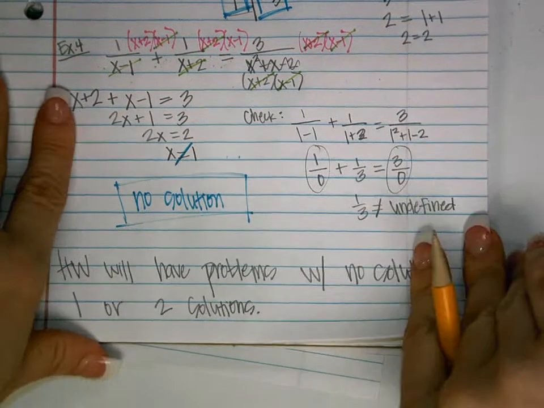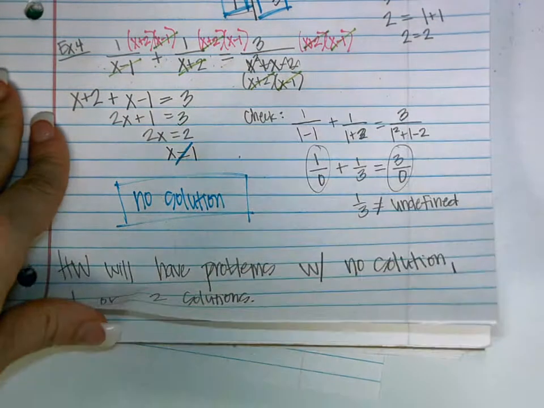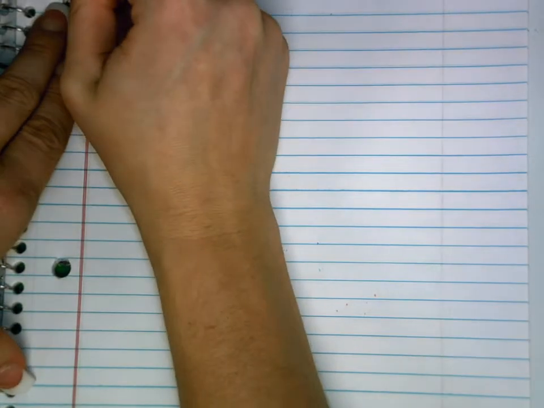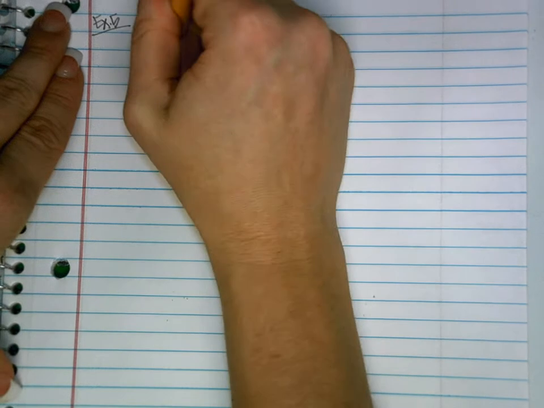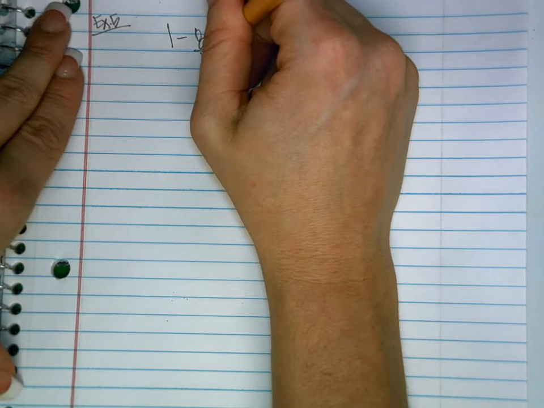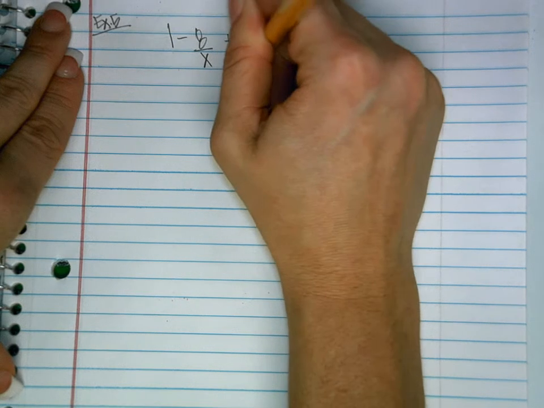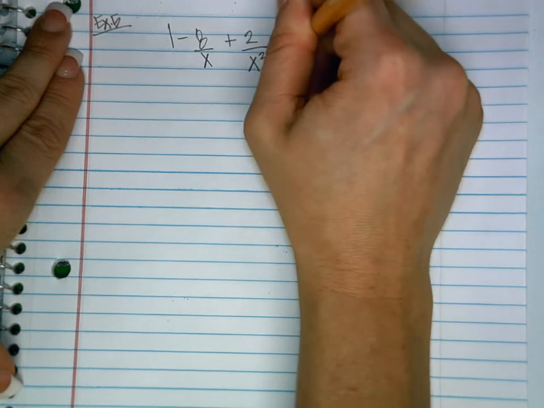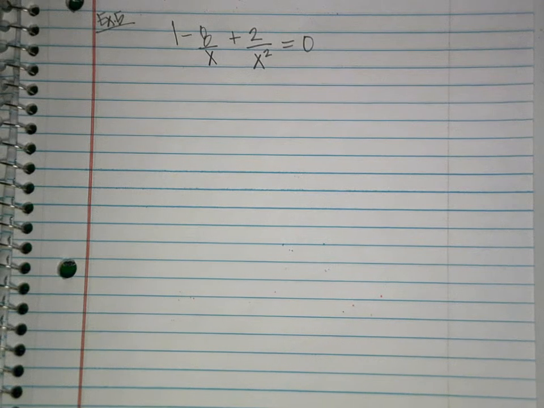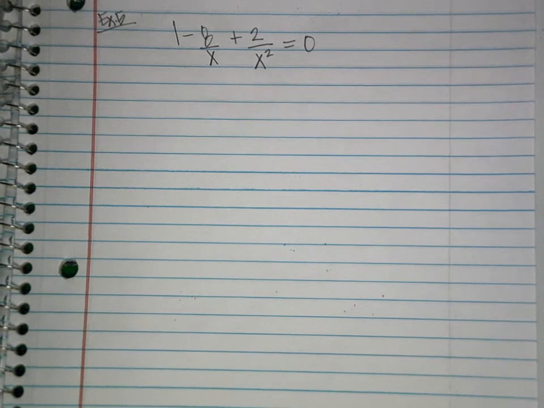Okay, last one I want to go over. Last one here, we're still just solving. For number 5, solve 1 minus 8 over x plus 2 over x squared equals 0.